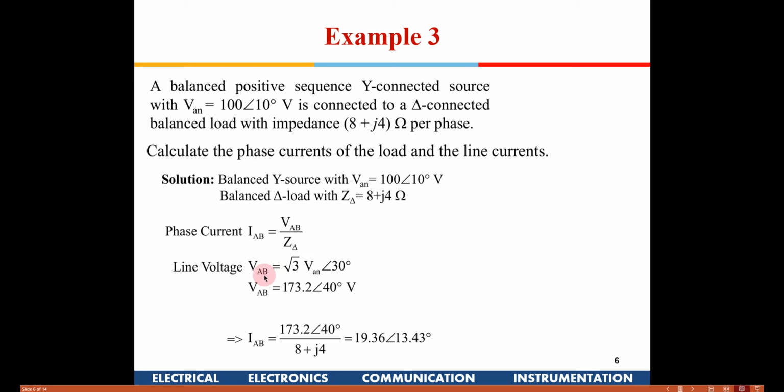So we find V_AB, which is root 3 V_AN at an angle of plus 30. The 10 degrees is already there in the source, so this becomes 40 degrees, and root 3 times 100 is 173.2. Is it clear how we computed the line voltage, Gagan, Kaneshwar? Yes, sir. Okay. Always remember, when it is delta, we first find the line voltage, and if it is a star, it is the phase voltage that comes across the load. Since it is delta, we find the line voltage and divide it by the impedance.